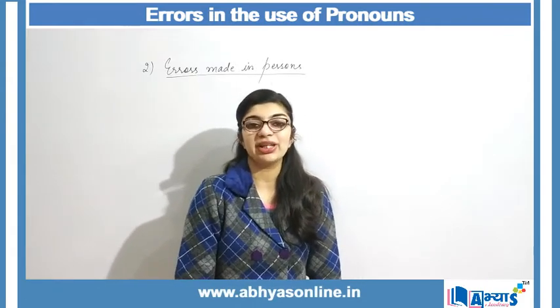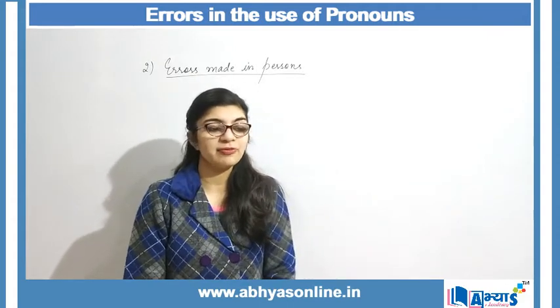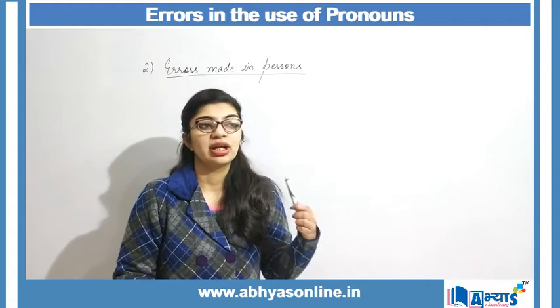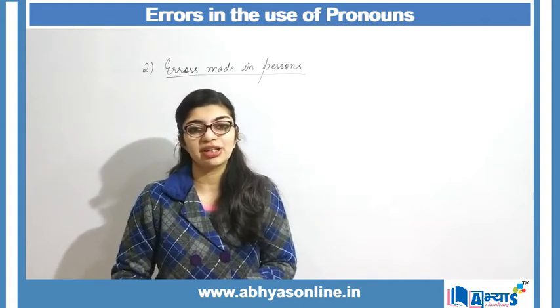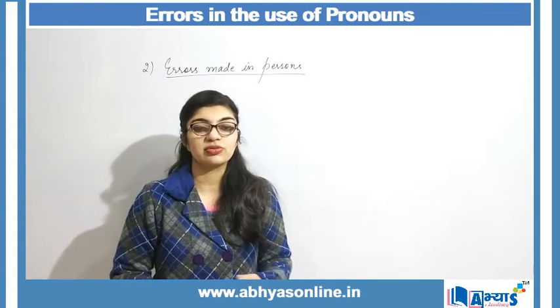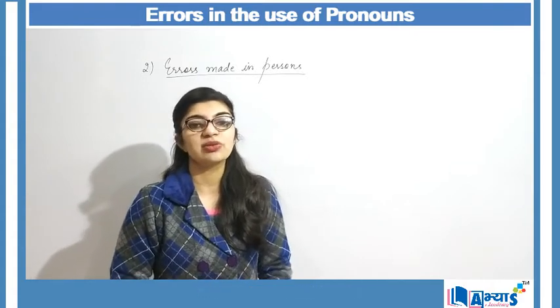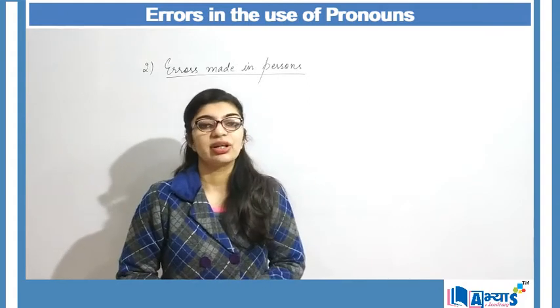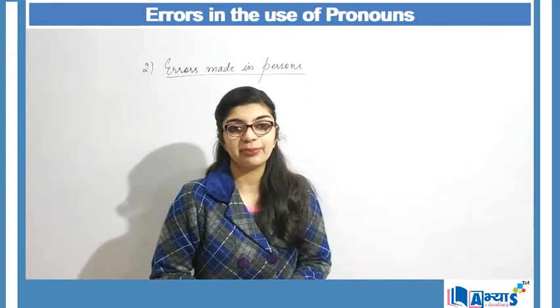Now if in a sentence there are two types of person, say the first person and the third person, then it gets very confusing which person should be used first and which person will be followed by the other person. That is the error. It will be more clear through an example.